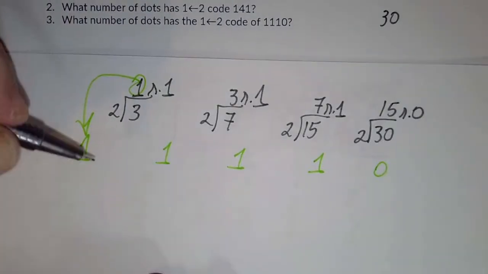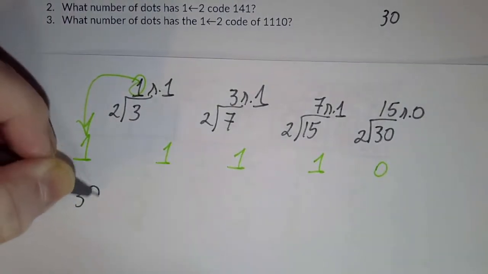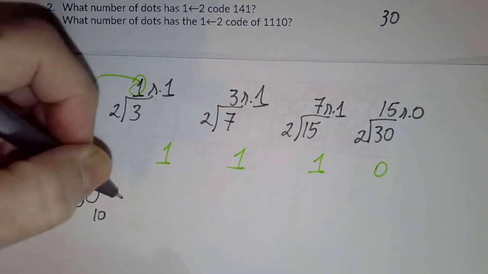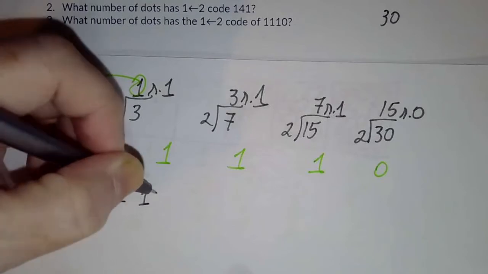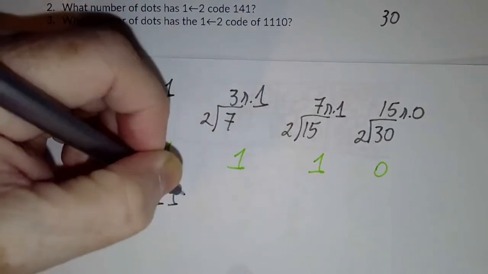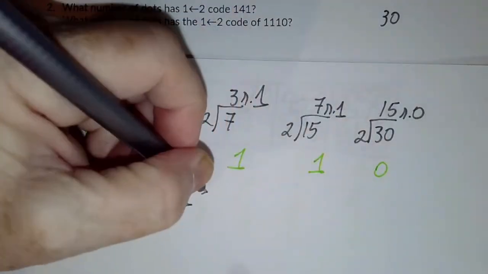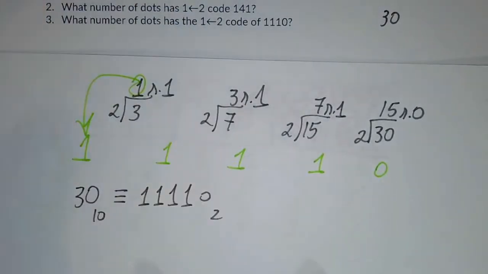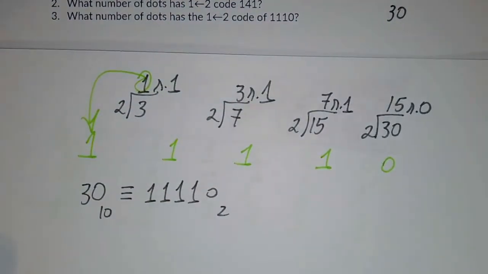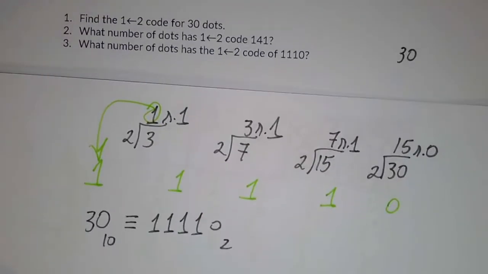We could write that the number 30 base 10 is equivalent to the number 1, 1, 1, 1, 0 base 2. Those are the same. Okay, well that was kind of easy.